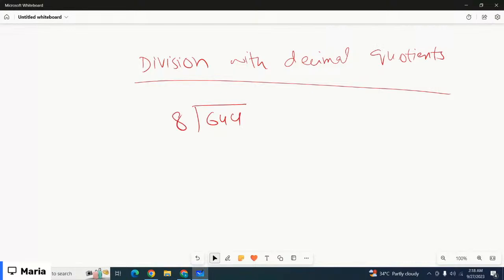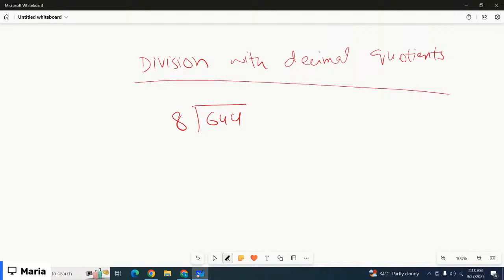How do you divide? You guys, please focus on the lesson we are working on. You have to use the long division method, right?